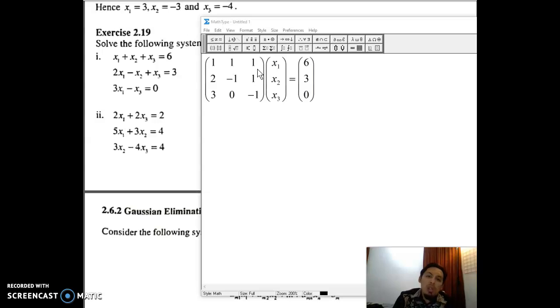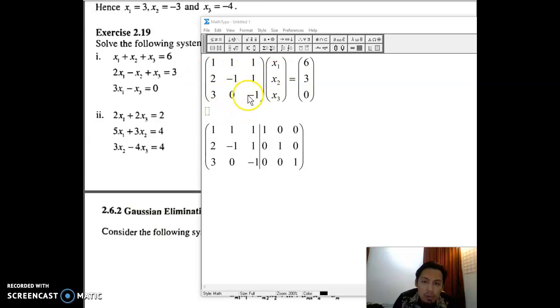So to solve it using inverse, we know that to find the value of x, we need to multiply B with the inverse of A. So let us first find the inverse of A. As you may know, to get the inverse we have two ways, or actually three ways. For higher order, we can use the cofactor method, and also what we have learned just now, which is ERO.